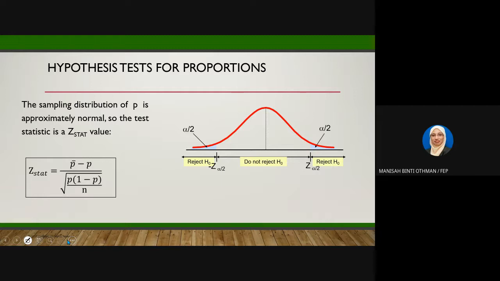After you identify the critical area, we calculate the Z statistic using this formula: P bar minus P divided by the square root of P times 1 minus P divided by N. Then we compare whether it is in the non-rejection region or the rejection region, and then you can make a conclusion.